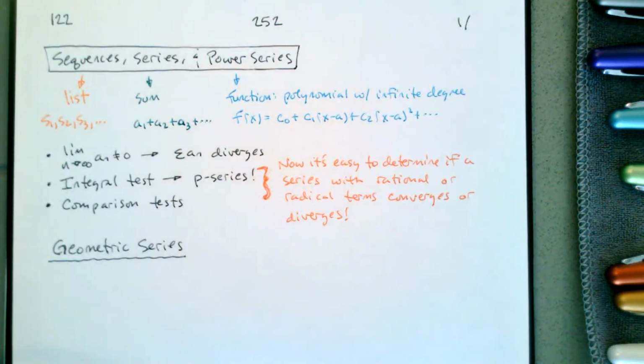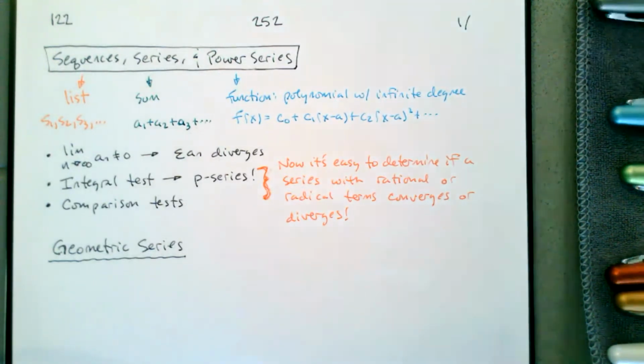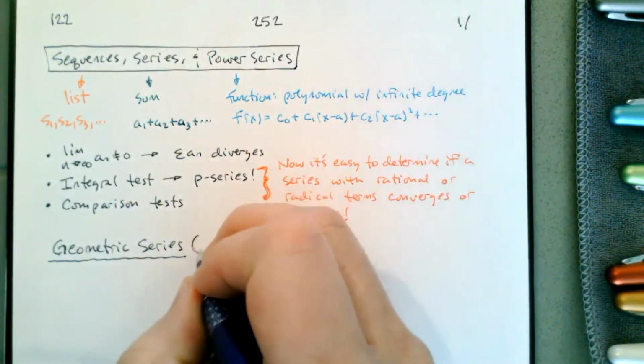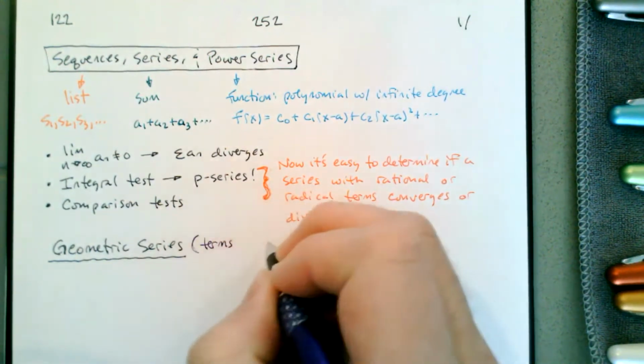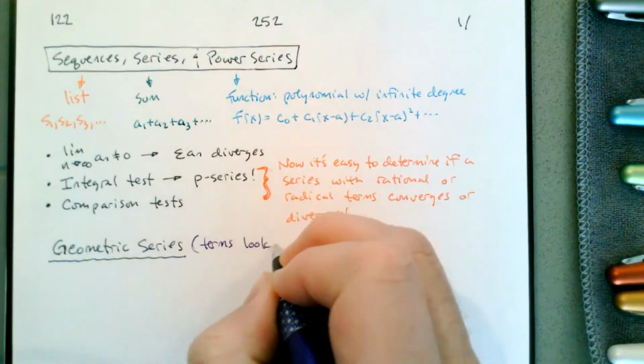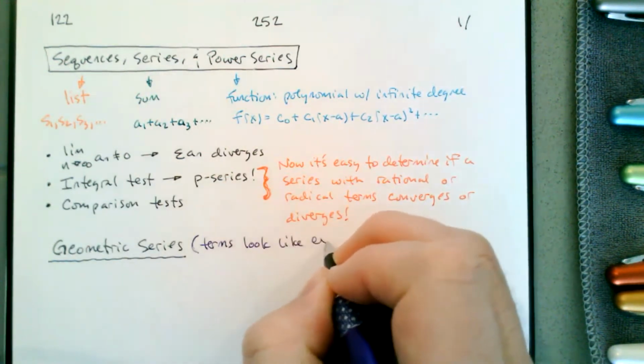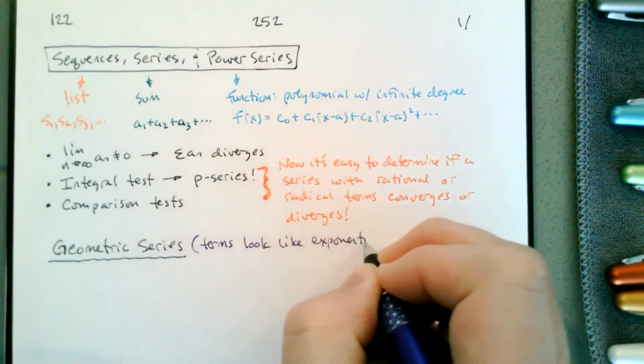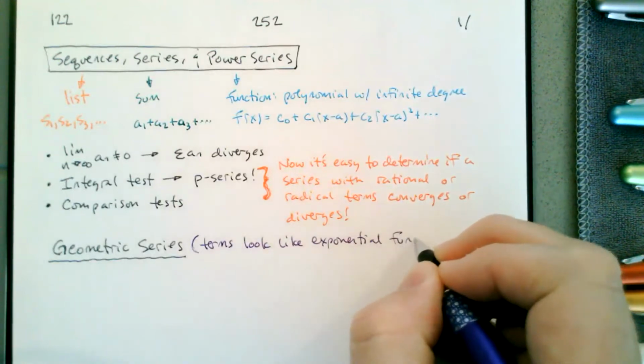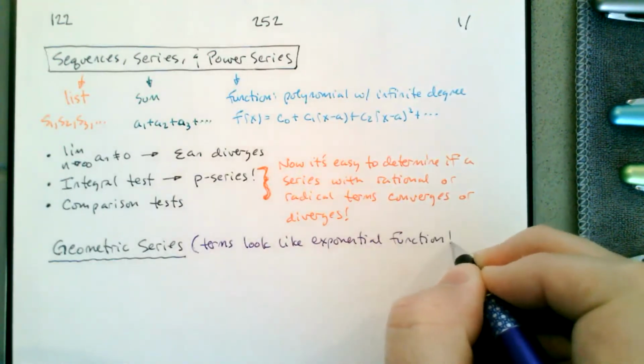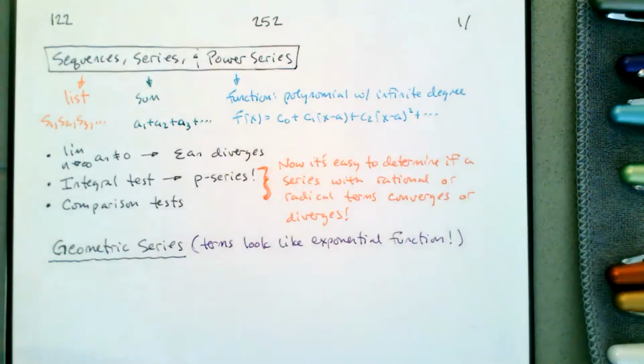So we got rational, radical. Now we're looking at exponential functions. So the terms look like an exponential function. So a geometric series, the terms look like an exponential function.